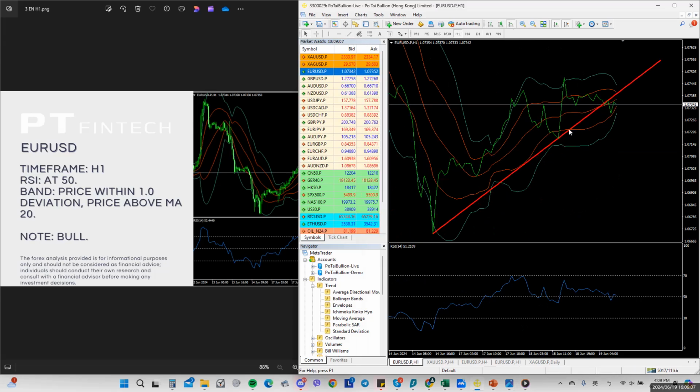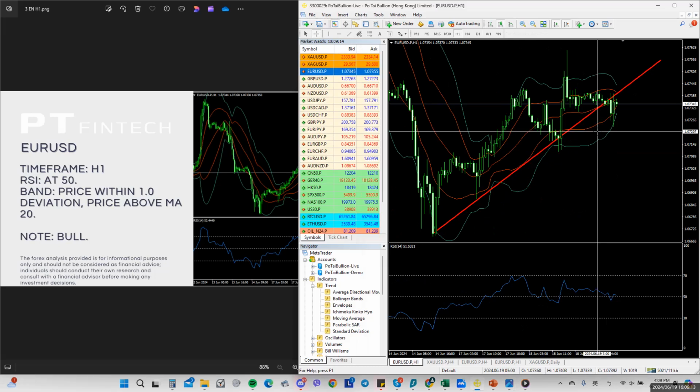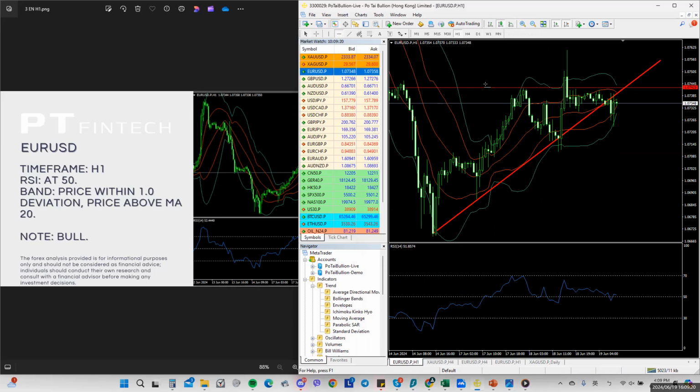So that would have actually been our previous trend line. Prices broke below. Once the prices break below, it's going to cause a more consolidation pricing.